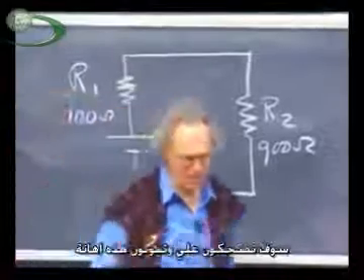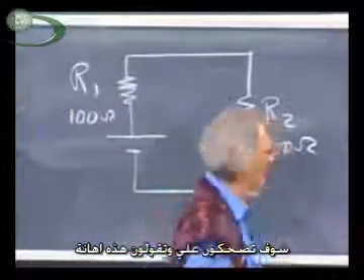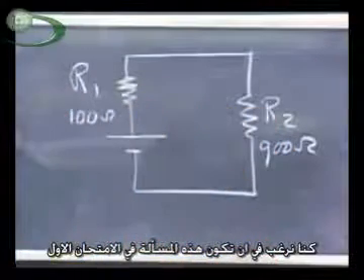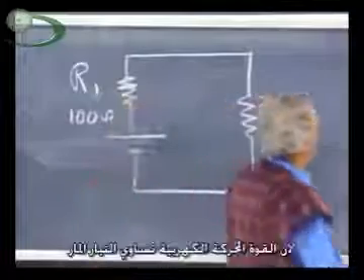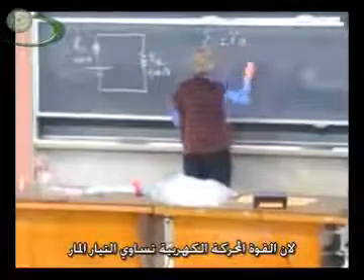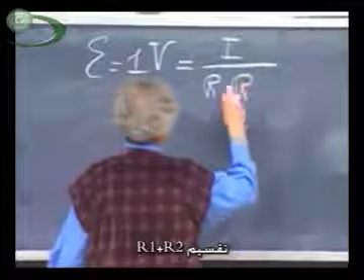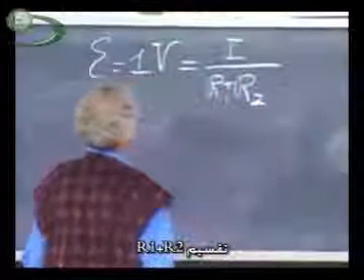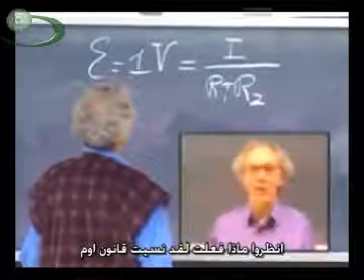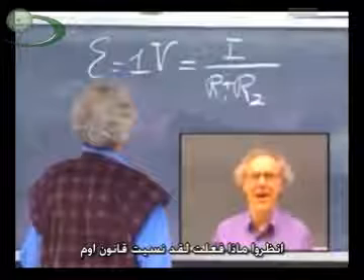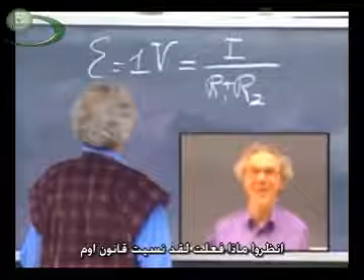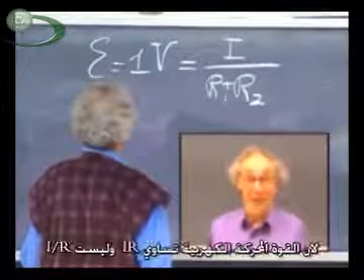And you will laugh at me. You will say, that's almost an insult. I wish you had given that problem at the first exam. Because E equals the current that is going to run divided by R1 plus R2. Oh my goodness, what did I do? I forgot Ohm's law. E equals IR, remember?